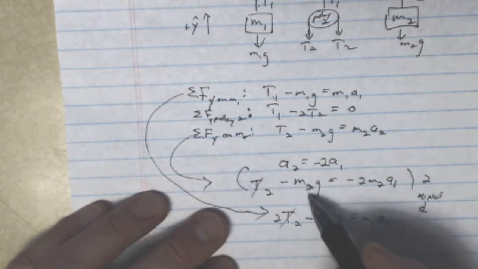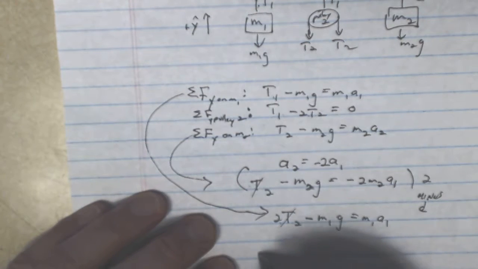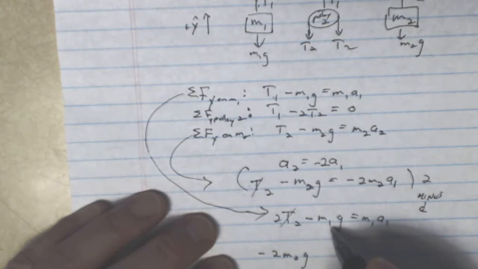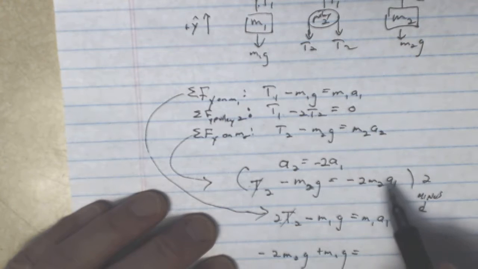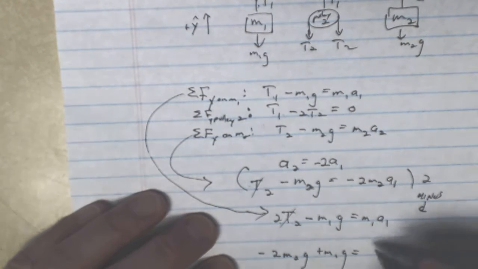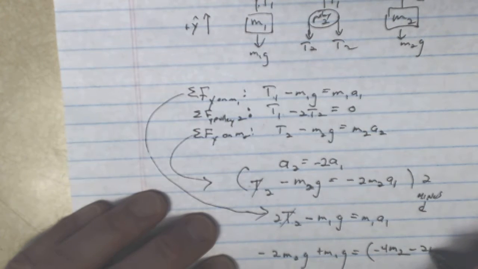And I'll have 2 times M2G, so let me write that out. I'll have minus 2M2G, minus a minus M1G is a plus M1G, equals, and I'll have 2 times this, which is minus 4M2 times A1. Let me just group them together. Minus M1 times A1.